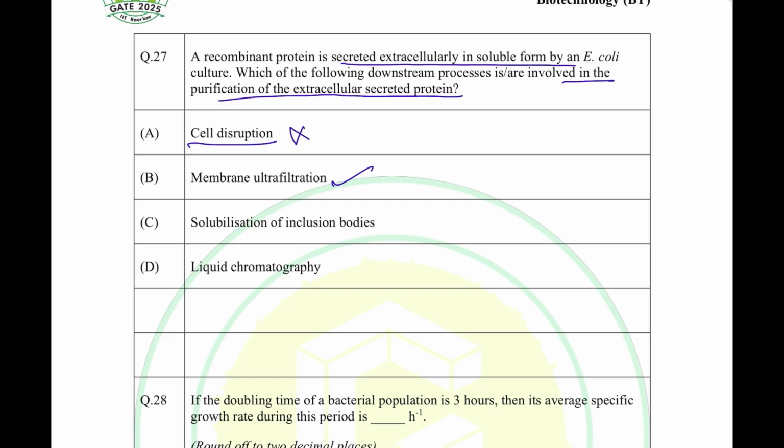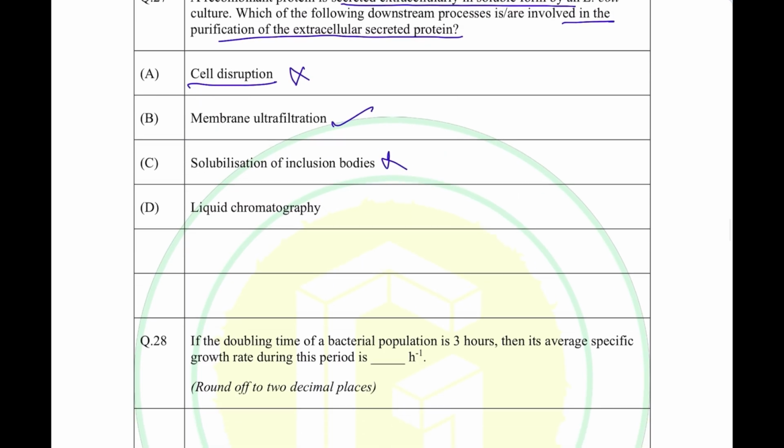Here the protein is soluble and extracellular, so no solubilization is required here. And again is liquid chromatography, essential for further purification, like ion exchange, affinity and size chromatography. So here option B and option D are the correct options.